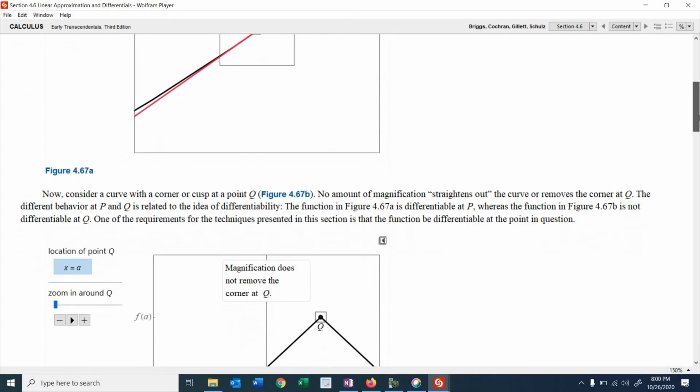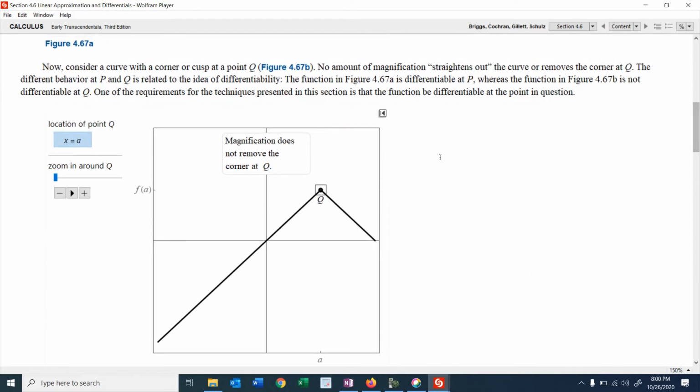Now, we do have to satisfy one condition before we can actually do this linear approximation. This does not work for every function and every point on functions. So here's a particular function that comes to this sharp point.